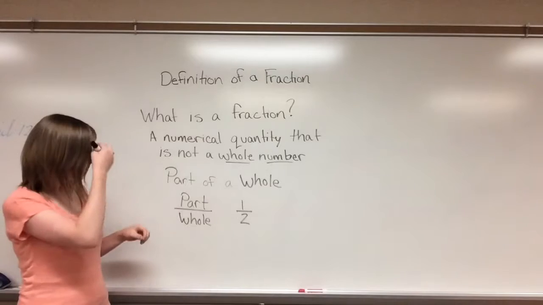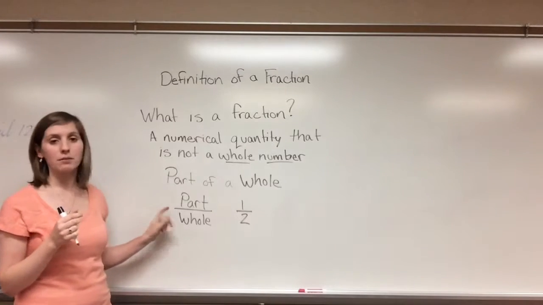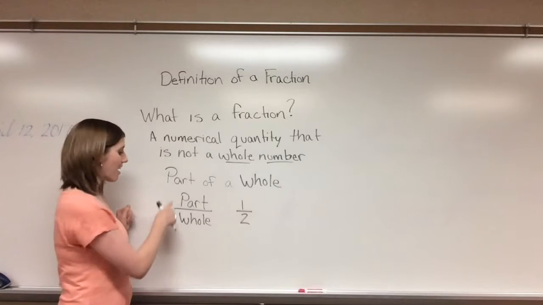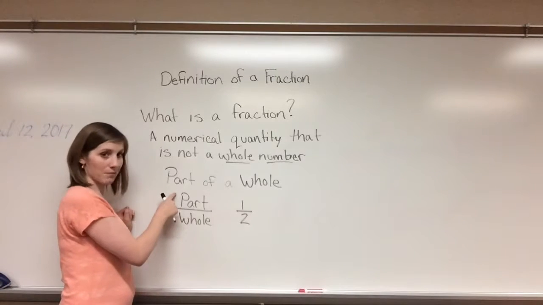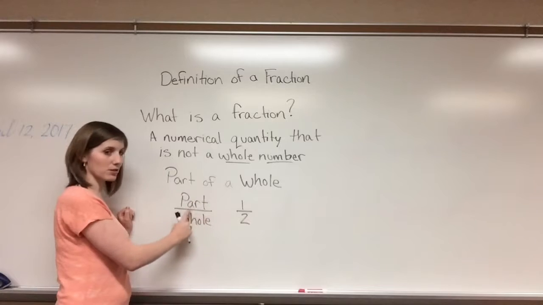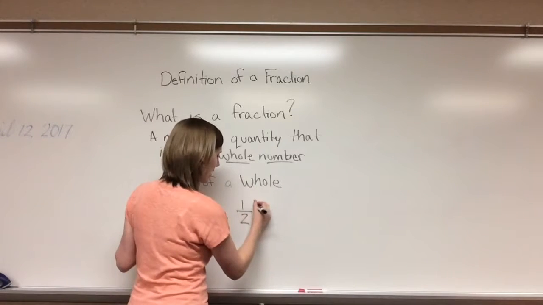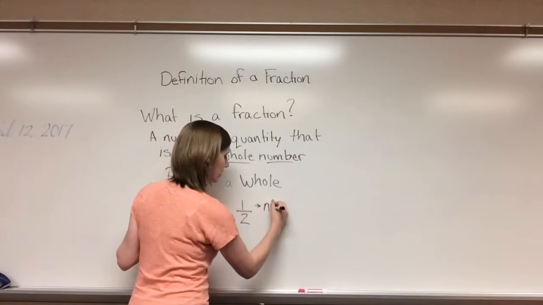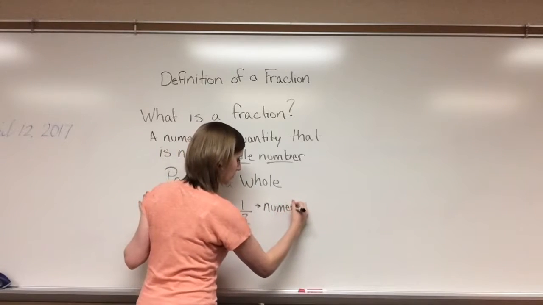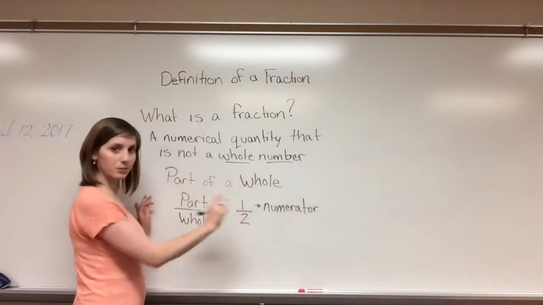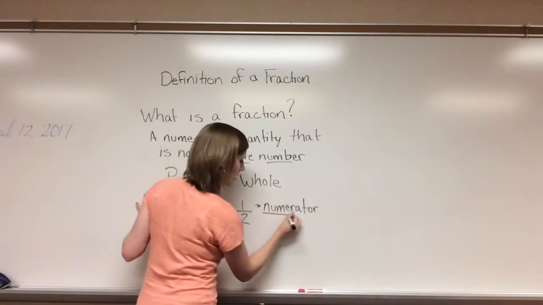Now there are another 2 terms that I want to talk about, to make sure that you hear them, and when I use them, you'll know what they are. Part over the whole: there's the top number, the part, and the bottom number is the whole. Those have specific names. The top number of a fraction is called the numerator. You're going to hear me use that word a lot. So the numerator is at the top.